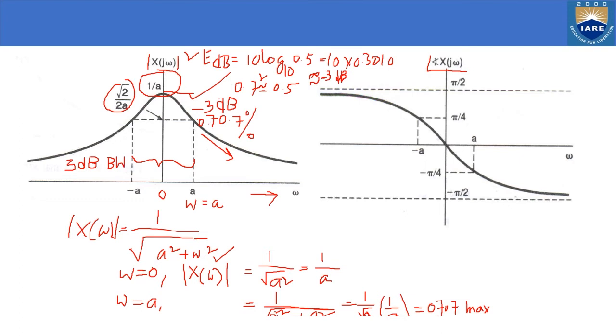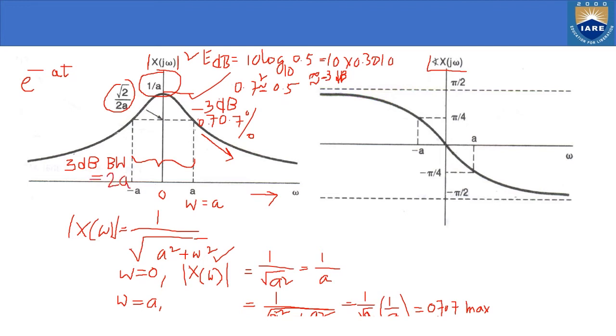So what is the exponential function here? The given signal is e to the power of minus at. The exponentially decaying function has a 3 dB bandwidth of how much? Between minus a to plus a. That means 3 dB bandwidth equal to 2a.